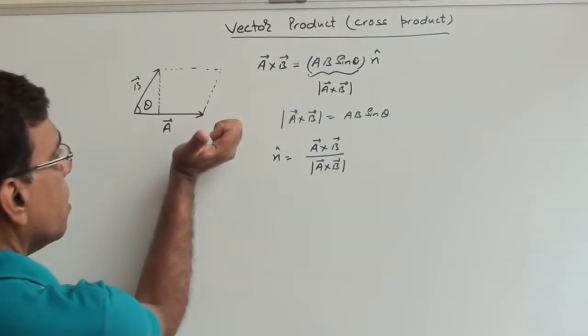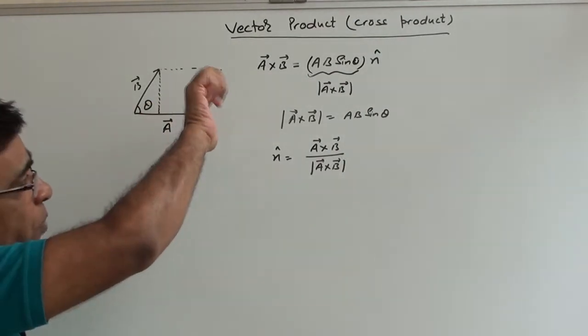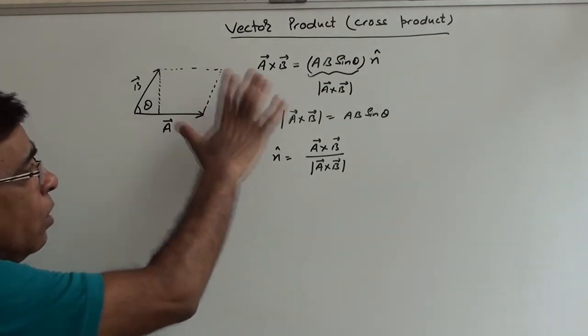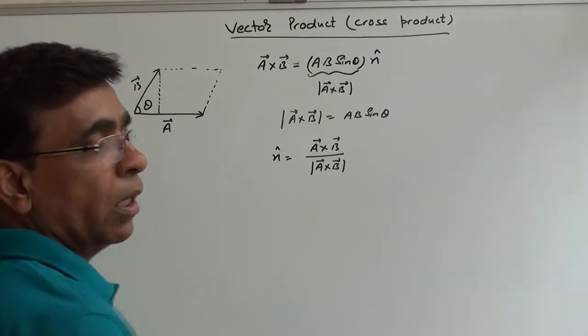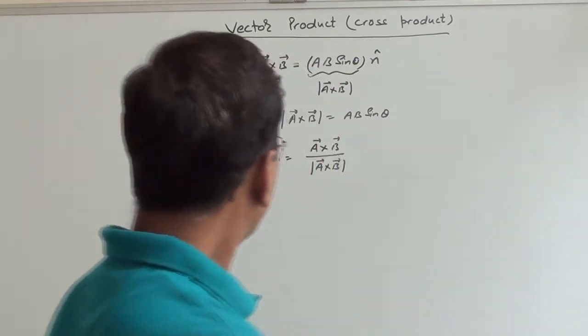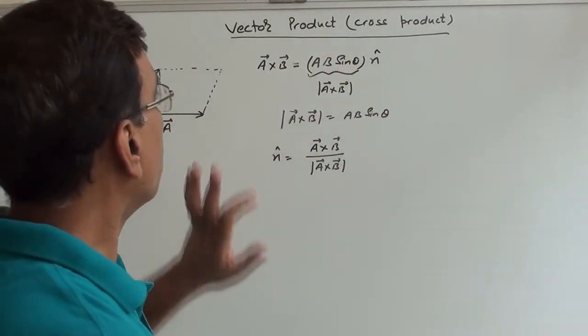So A cross B means I move like this, and B cross A means I move like this. B cross A is inward, perpendicular to the plane of the board. A cross B is perpendicular to the plane of the board, but outward. So this is how the direction of A cross B can be found.